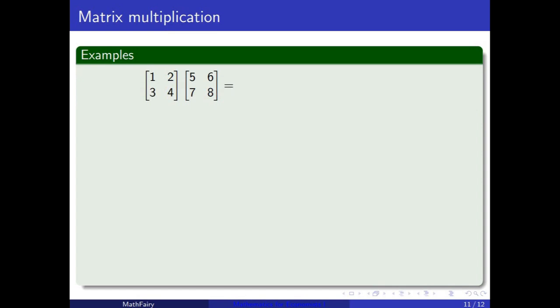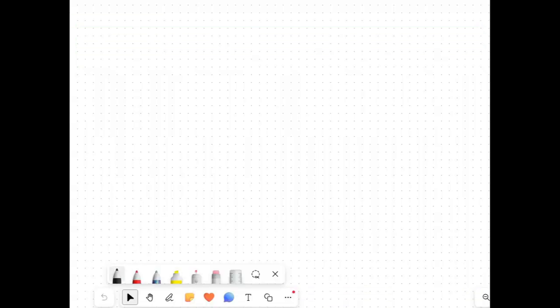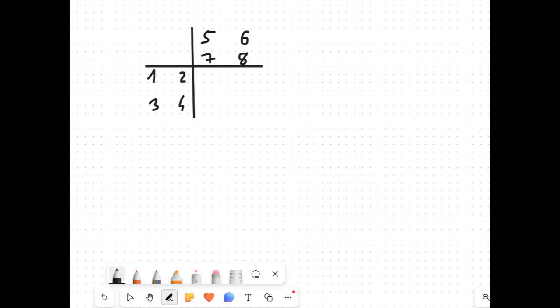Let's take a look at a couple of examples. So here we have the matrix 1, 2, 3, 4 multiplied together with the 2 by 2 matrix 5, 6, 7, 8, so not very creative. If we remember our scheme, we can put this together. So using the previous scheme, we need to multiply 1 with 5 and then add 2 times 7, which is 14.